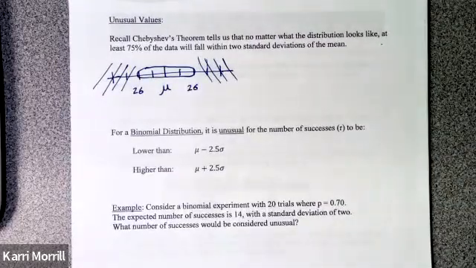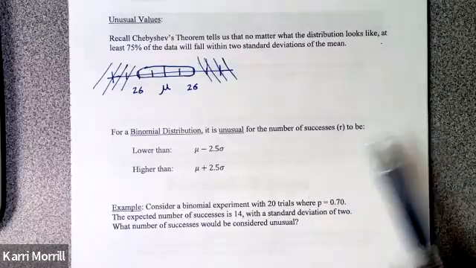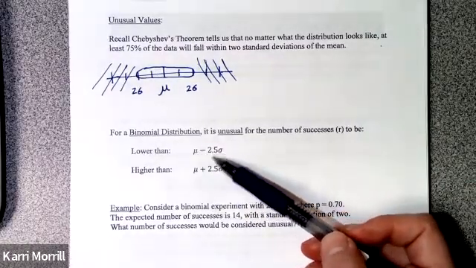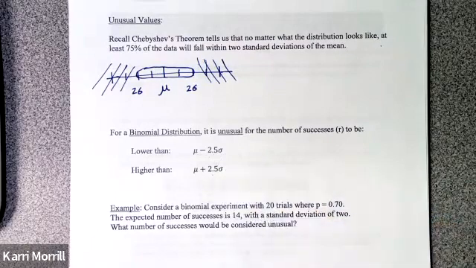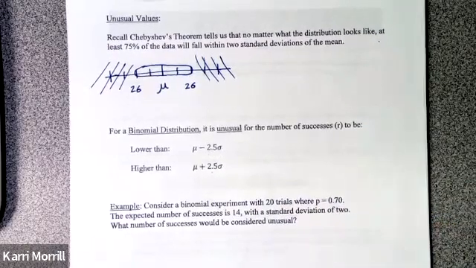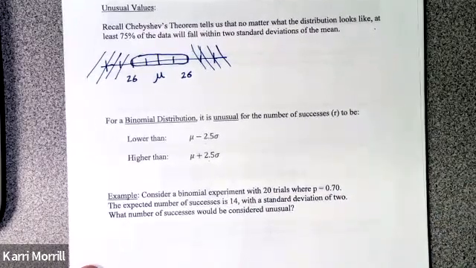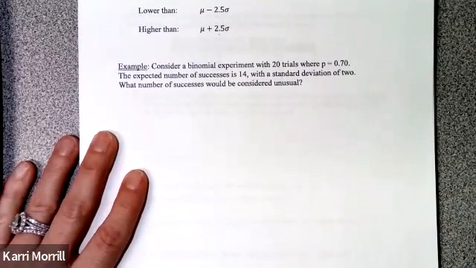So for a binomial distribution, it is considered unusual for the number of successes to be outside of, basically lower than minus 2.5 standard deviations, and plus 2.5 standard deviations. So we're going to apply what that means. In this example, it says consider a binomial experiment with 20 trials where p equals 0.7. The expected number of successes is 14.